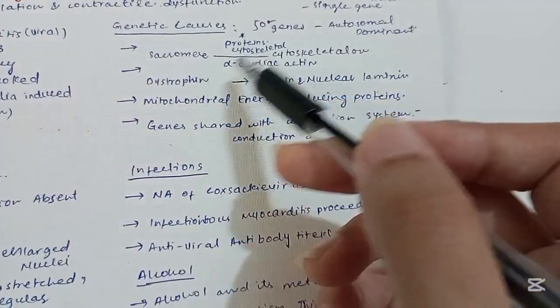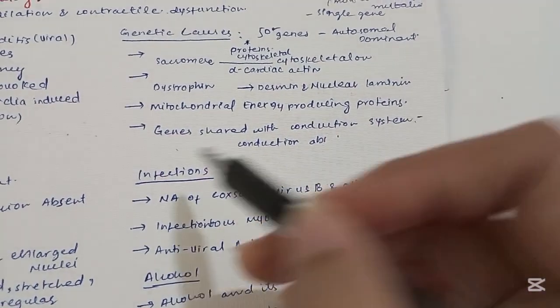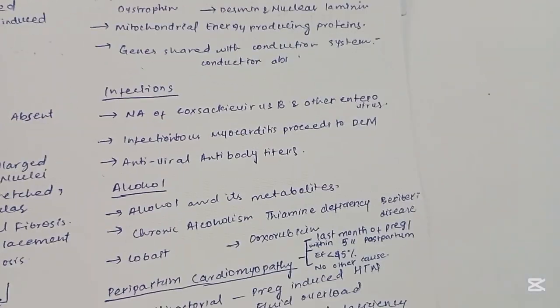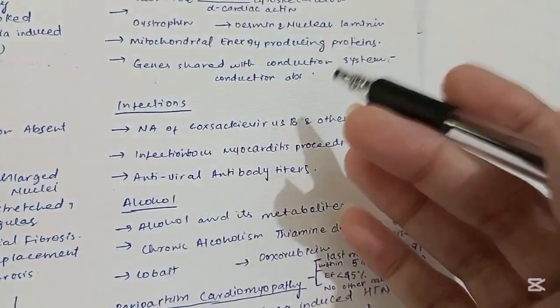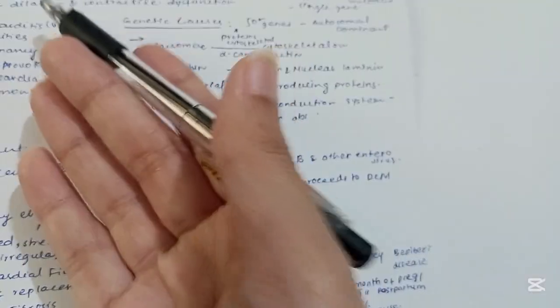And we have genes for dystrophin, desmin and nuclear lamin. Then mitochondrial energy producing proteins can be affected, and the genes that share their origin with the conduction system can also be affected. As a result of these mutations, there is dilated cardiomyopathy.